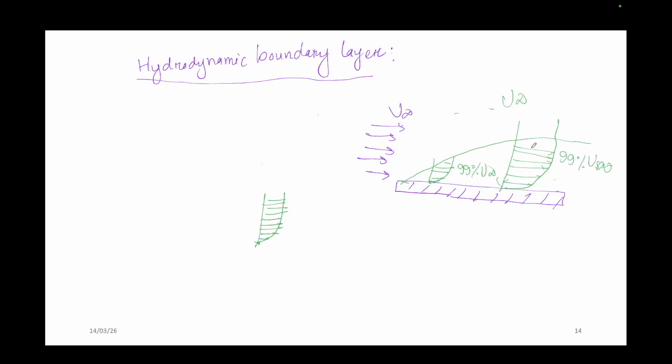Any confusion up to this? If I talk about this velocity, it is zero, then 1, 2, 3, 4, 5, U infinity, like that. As it approaches U infinity, at this point we have to give the value of this hydrodynamic boundary layer.